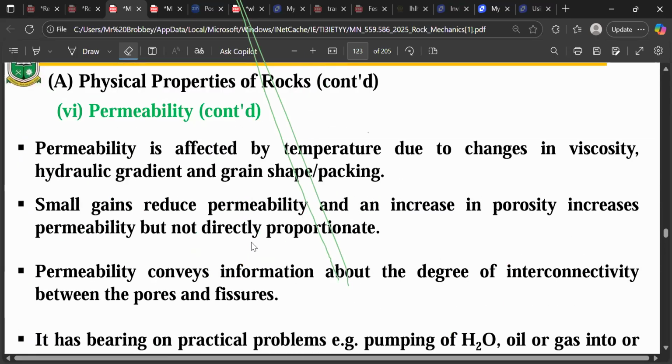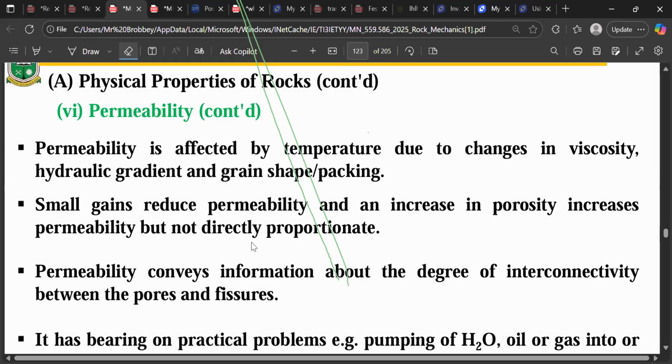So continuing. Permeability is affected by temperature due to changes in viscosity, hydraulic gradient, and grain shape and packing. Grain shape and packing can be talking about the density. And with viscosity, the moment the temperature starts to rise, almost all fluids become less viscous and begin to flow.